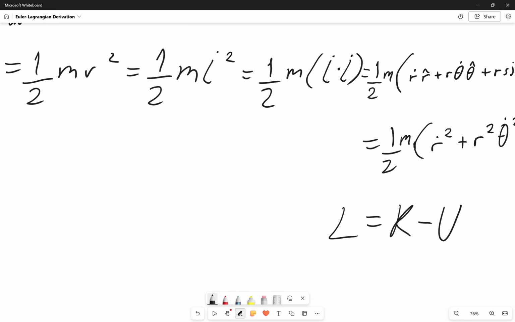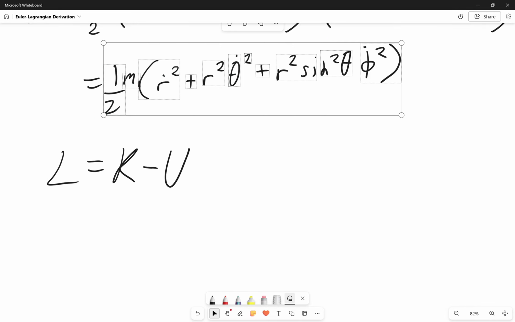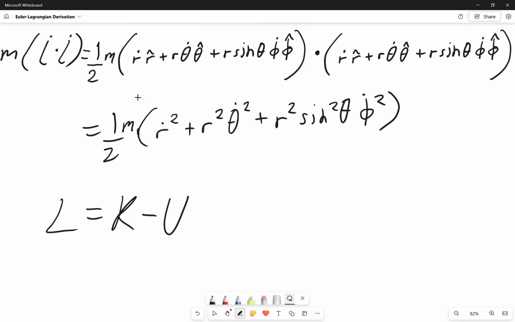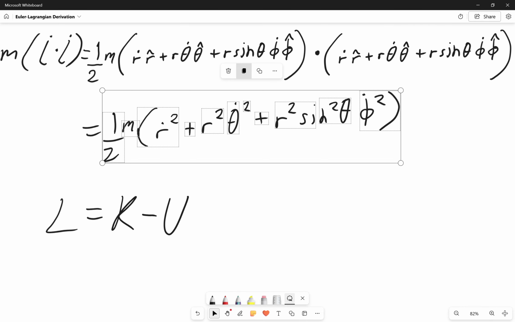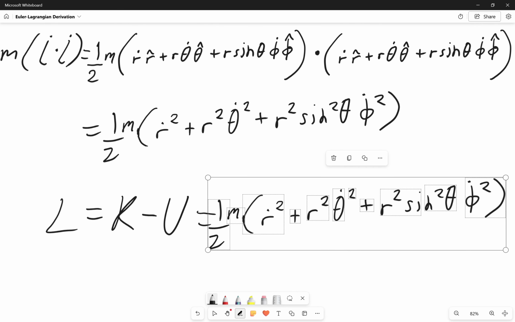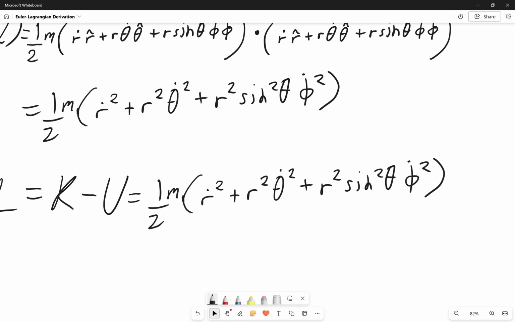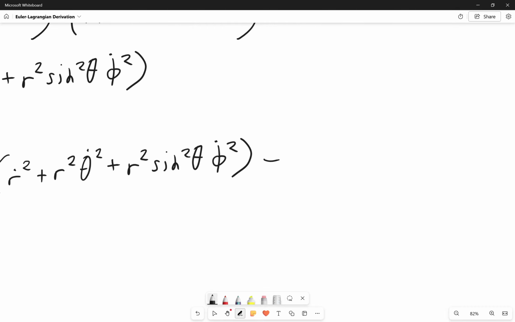So I can first write the kinetic energy, or just copy it, and I can subtract the potential energy.